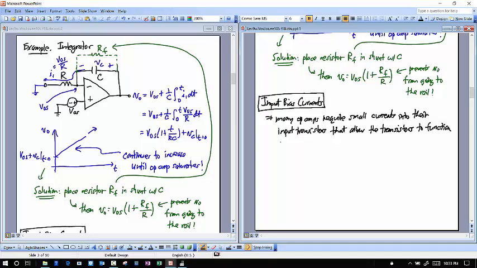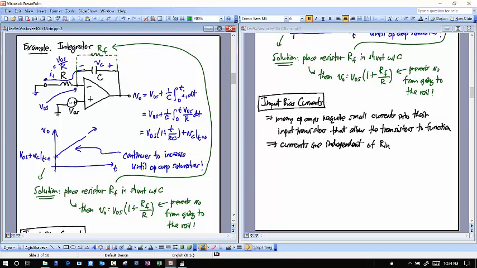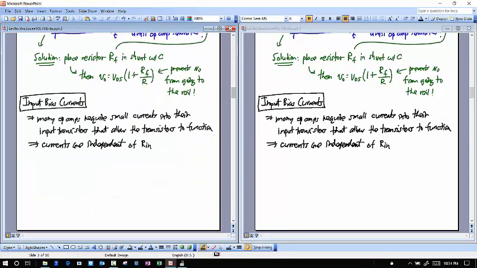Okay, and I should say the currents are independent of the input resistance Rn. That means the finite input resistance of the amplifier that we have modeled with the variable Rn.